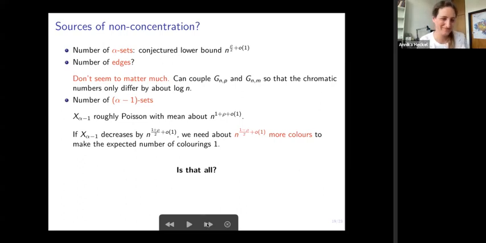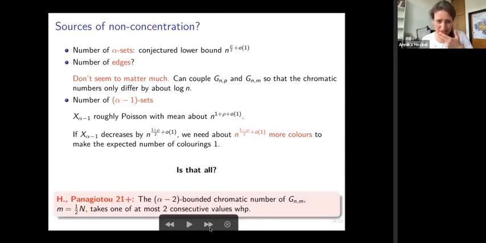Now, can we continue like this? Can we now get variation from the alpha minus 2 sets, alpha minus 3 sets, and so on? This appears not to be the case. I'm currently writing up a result together with Kostas Panagiotou, where we look at the alpha minus 2 bounded chromatic number.